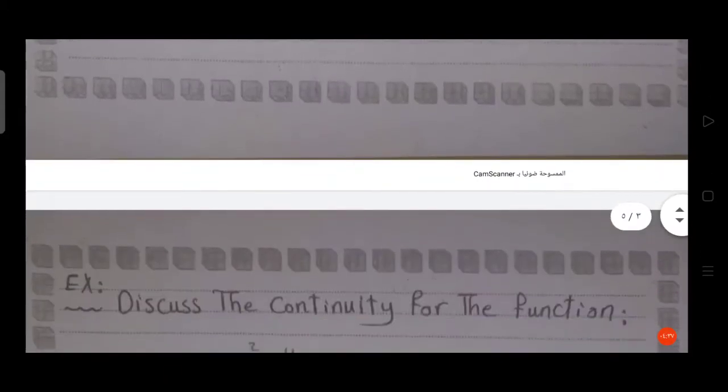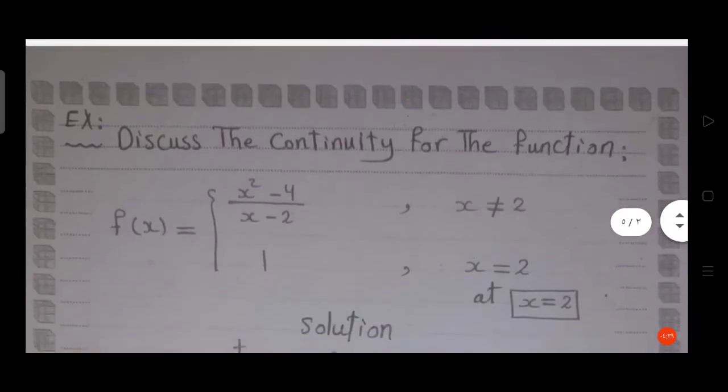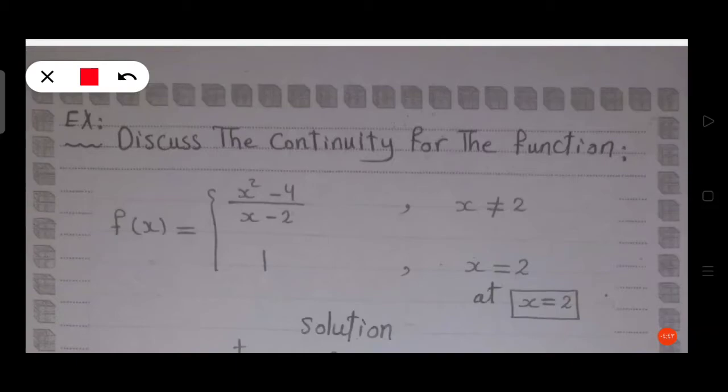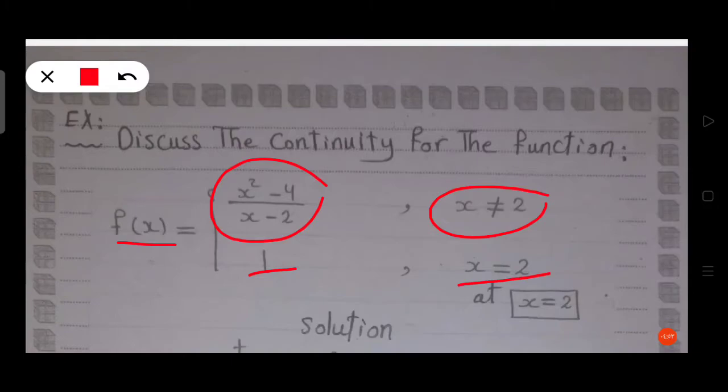The second example discusses the continuity for the function f of x equals x squared minus 4 over x minus 2 at x not equal 2 and 1 at x equal 2. We will discuss that at x equal 2.